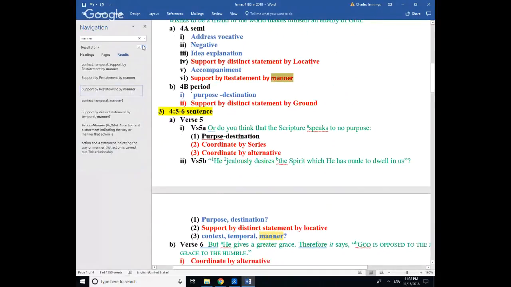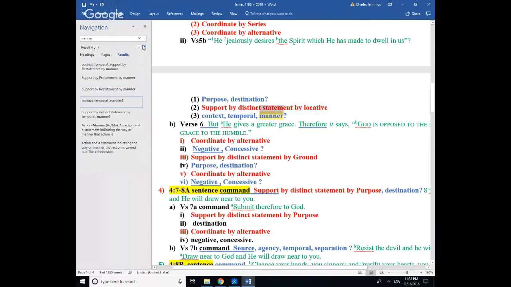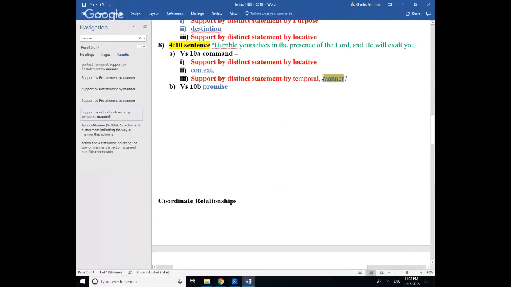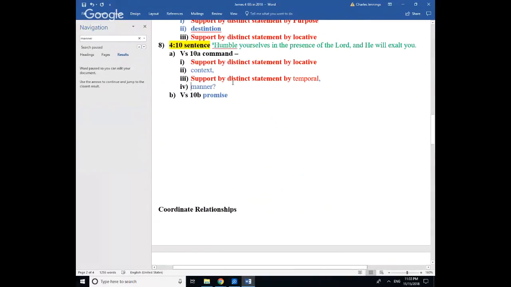Well, these are all the Bible arc things. They pretty much are. Yeah, they're all 18 of them. So manner is one of them. Which statement is for the manner? Action manner. Yes.